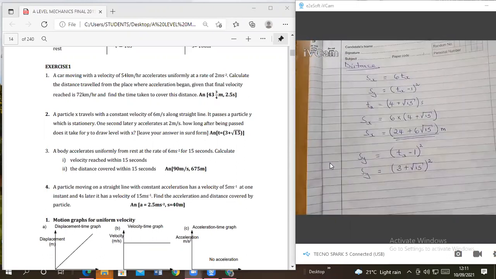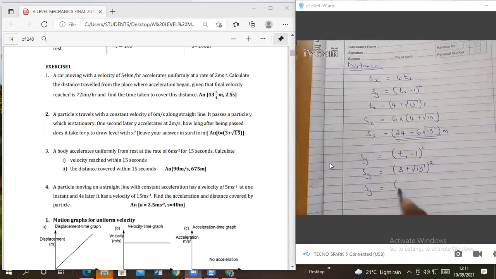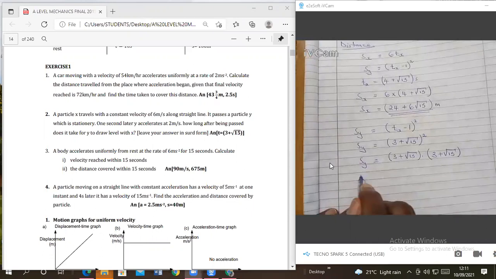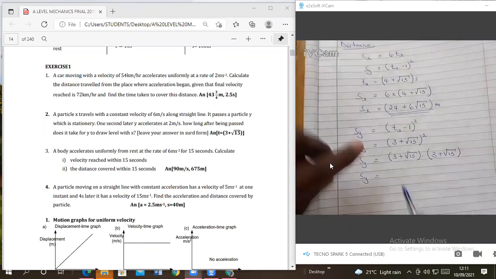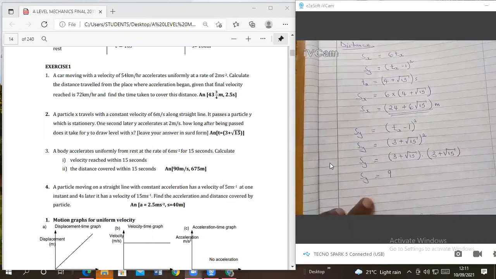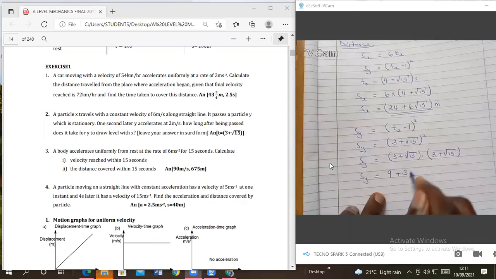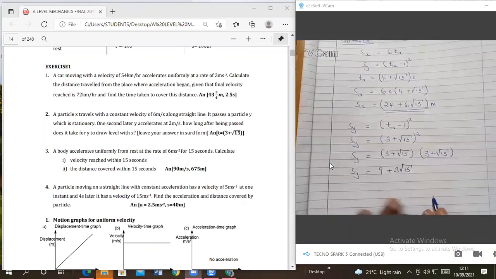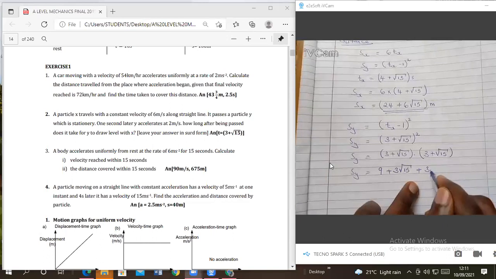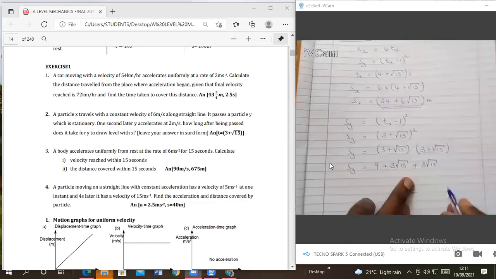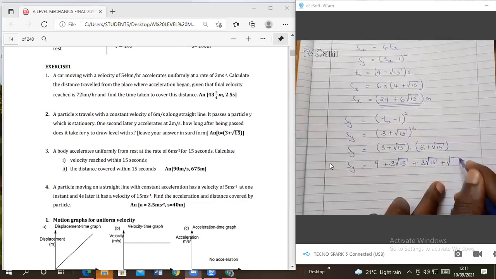When you expand this, it's the same as 3 plus root of 15 into 3 plus root of 15. You should know how to expand that. This and this will give us 9, plus 3 root of 15, plus 3 root of 15, plus 15.